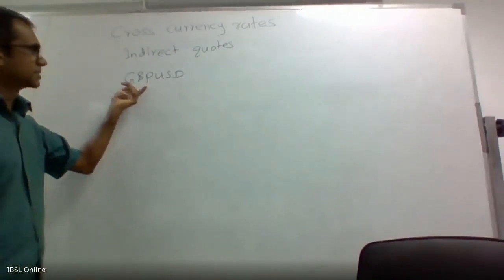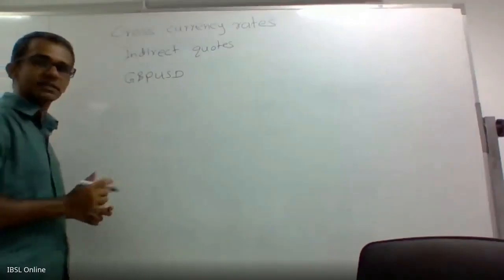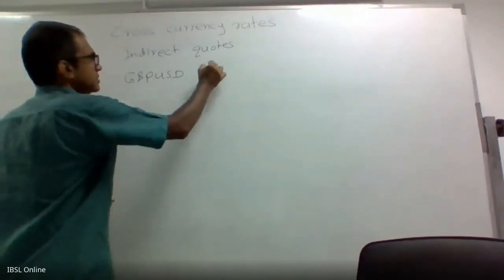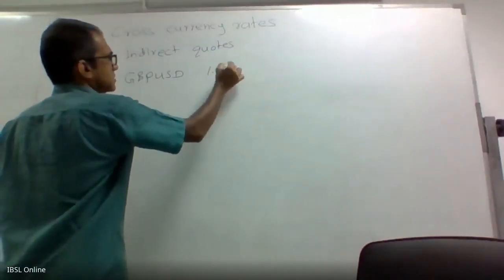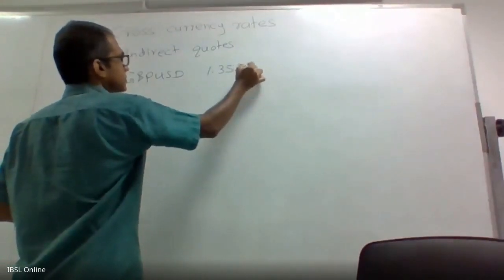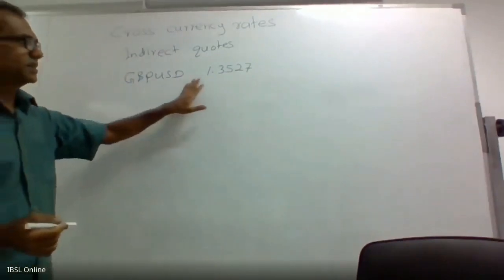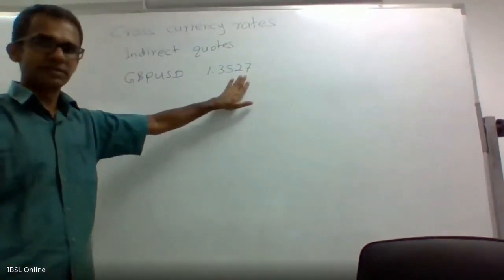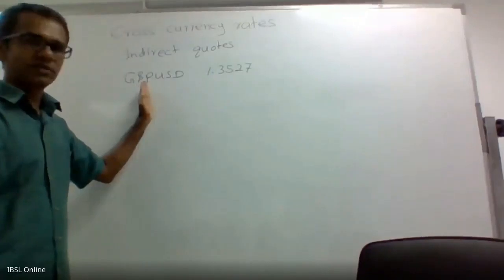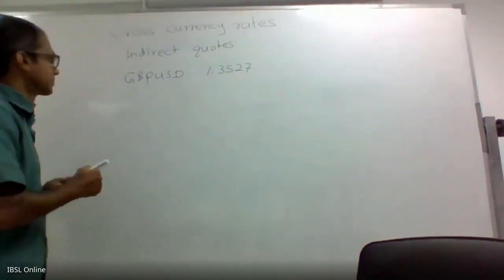Sterling is the base currency, dollar is the counter currency. Then this is an indirect quote. The GBP dollar exchange rate is 1.3527. What does it mean? 1 sterling pound equals 1.3527 dollars.